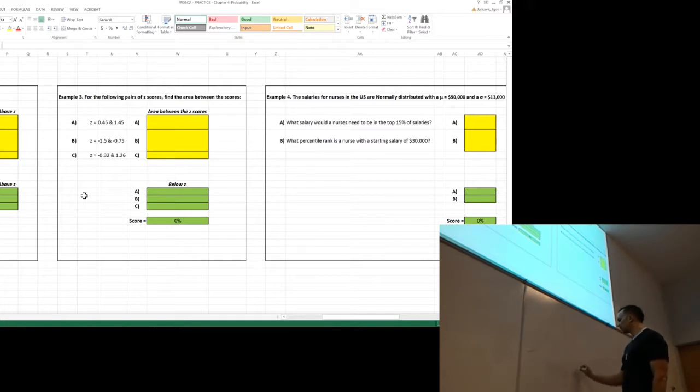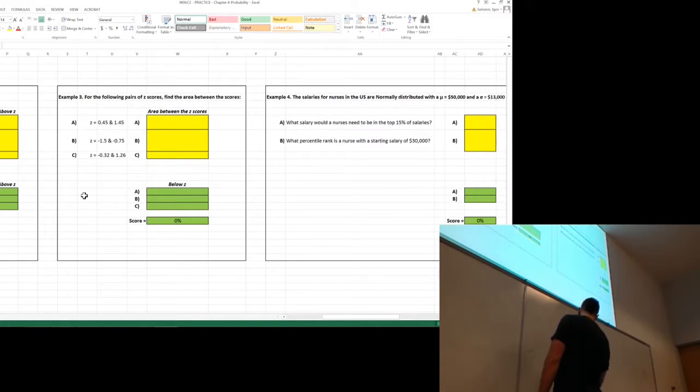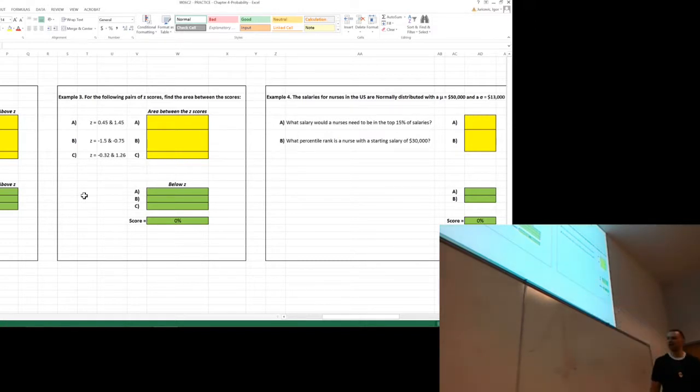So let's call this right here 1.45. And we want to know the area between those 2 z-scores. So we have this area right here. That's the area that we want. And that's not going to be anywhere in the table.